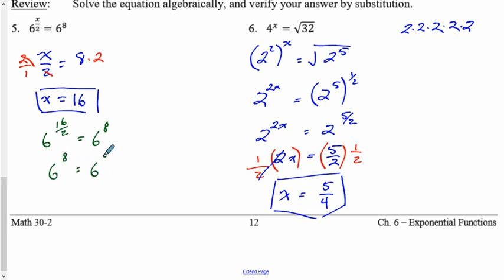Yep, that check works. Let's try it for this one. If I have 4 to the 5/4, is that equal to the square root of 32? Well, this one isn't so nice to do. So what I'd say for this one is plug it into your calculator, and you'll find the two sides are equal.